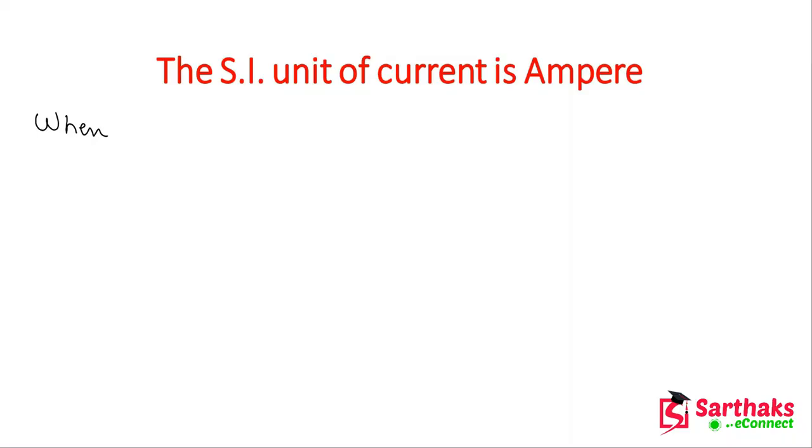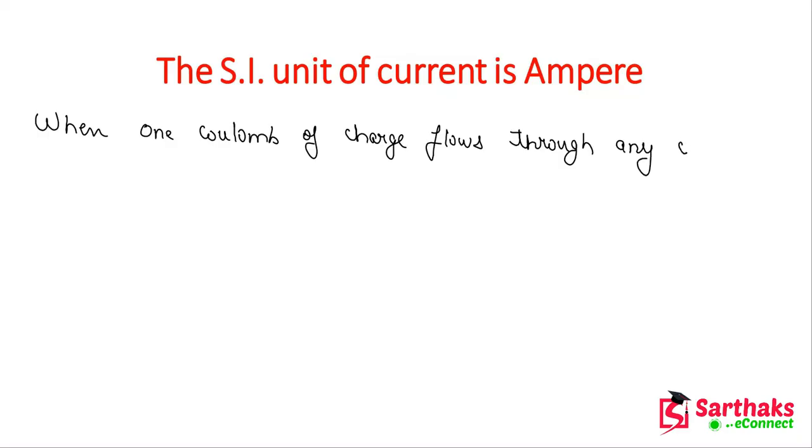So when 1 coulomb of charge flows through any cross section in 1 second, the electric current is said to be 1 ampere.